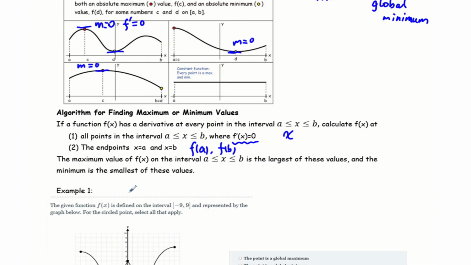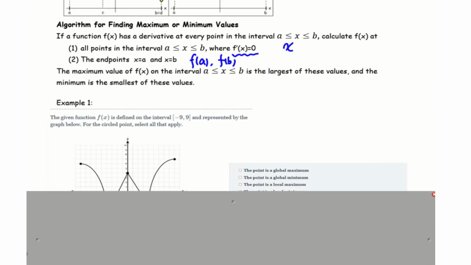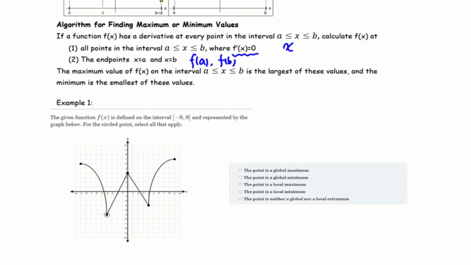Now we have one graph given here. This is a function f of x, and f of x is continuous. Continuous means you could use a pen to trace this function without lifting your pen. It doesn't mean it is differentiable.